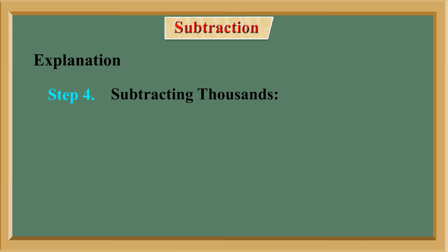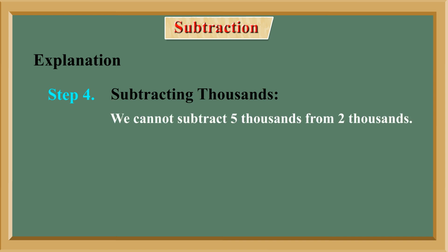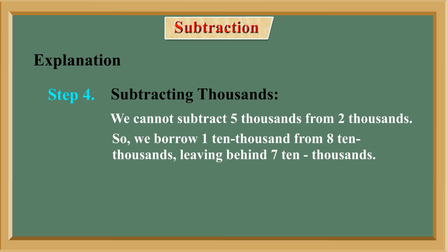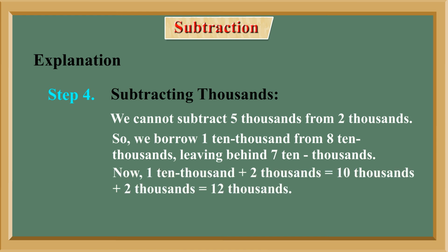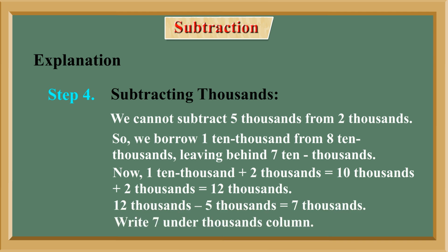Step 4. Subtracting thousands. We cannot subtract 5,000s from 2,000s. So, we borrow 1 10,000 from 8 10,000s, leaving behind 7 10,000s. Now, 10,000 plus 2,000 is equal to 12,000. 12,000s minus 5,000s is equal to 7,000s. Write 7 under thousands column.